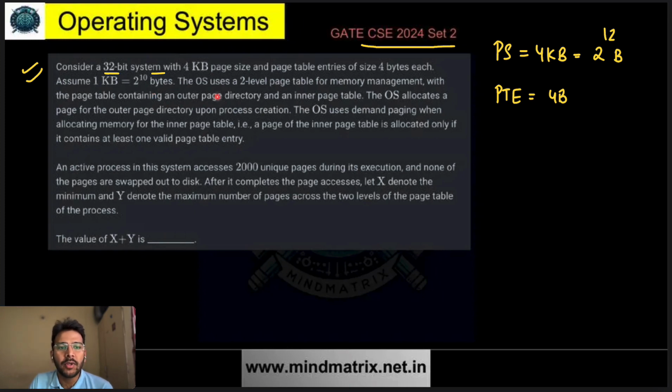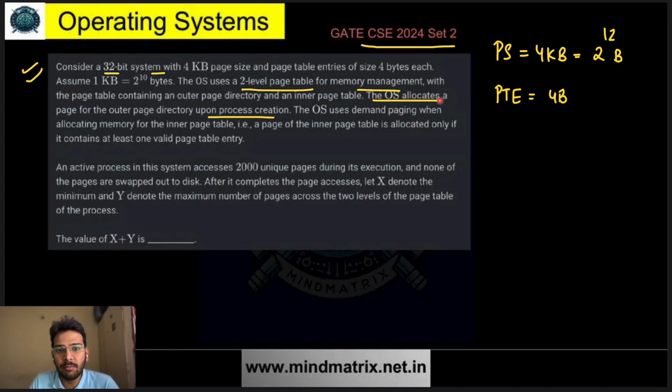We know that already, right? The OS uses a 2-level page table for memory management, with the page table containing an outer page table directory and an inner page table. So 2 levels of paging are used. The OS allocates a page for the outer page directory upon process creation.